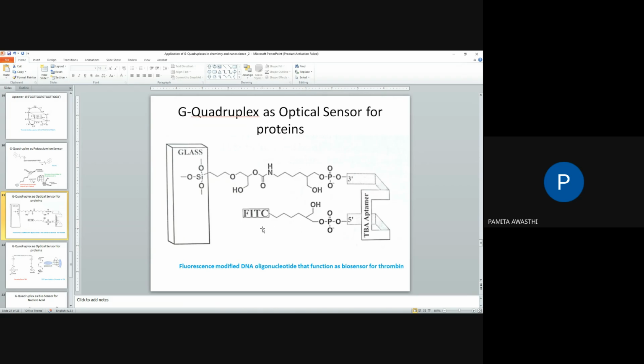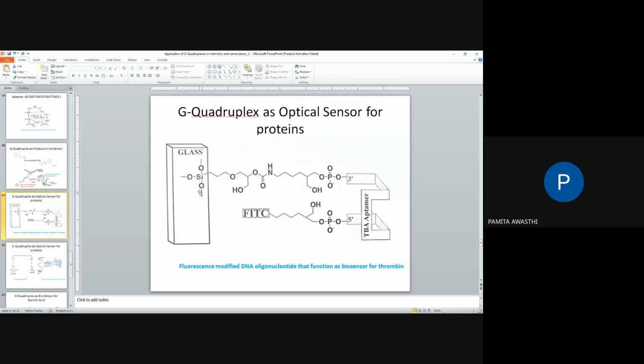So one end is a fluorescent compound, and the other end is the siloxane segment. So the whole compound is covalently attached to the aminosiloxane linkage, which is mounted on the glass.